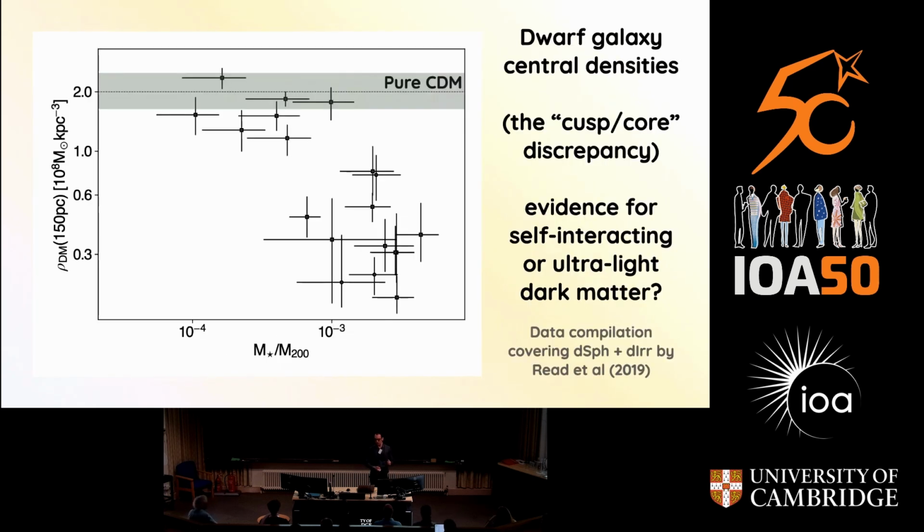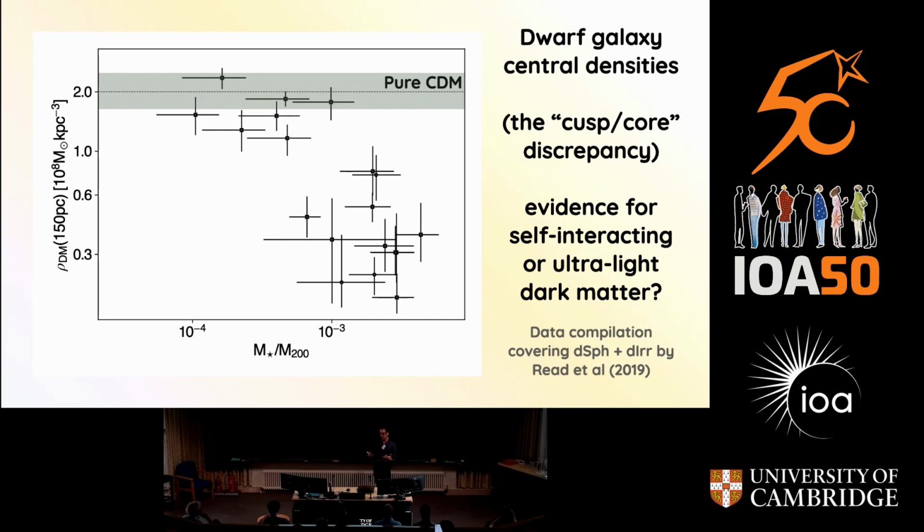So in my last 1 minute, I just want to mention that we're also interested in the implications for dark matter. So if you look at the inferred central densities of dark matter in dwarf galaxies, as Julien already mentioned, they are not always as high as the pure CDM prediction would lead you to expect.